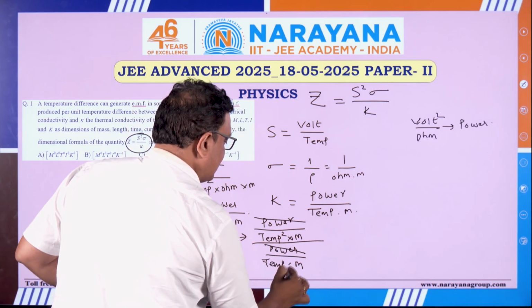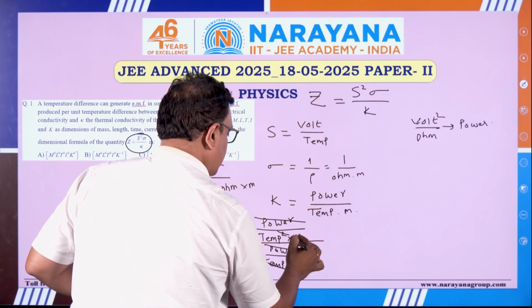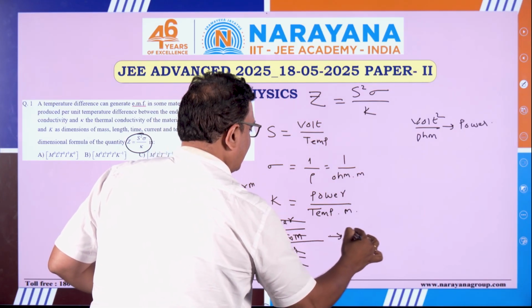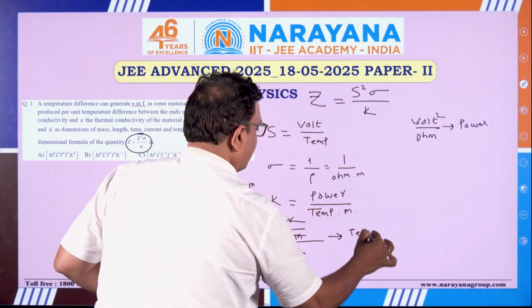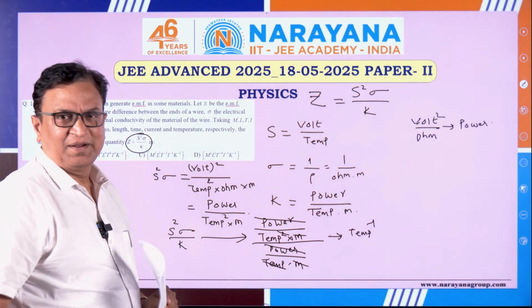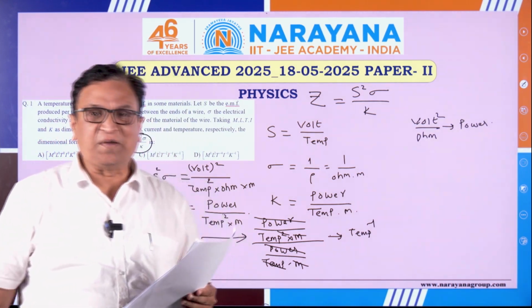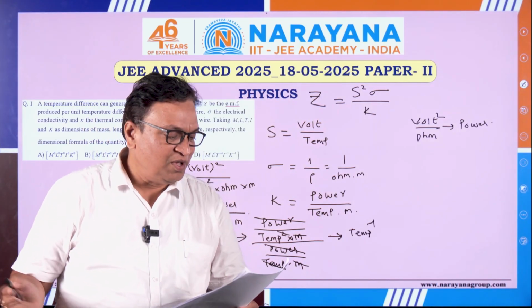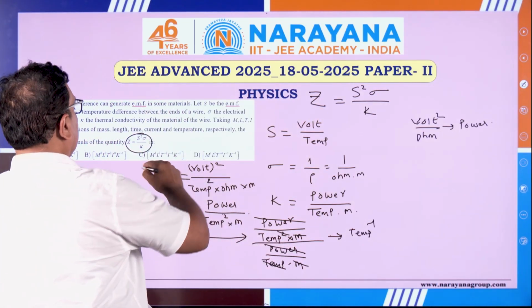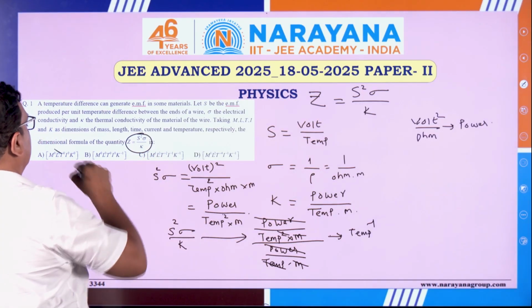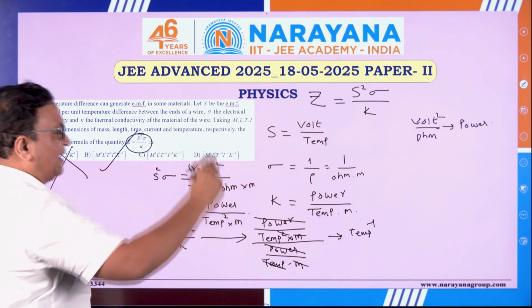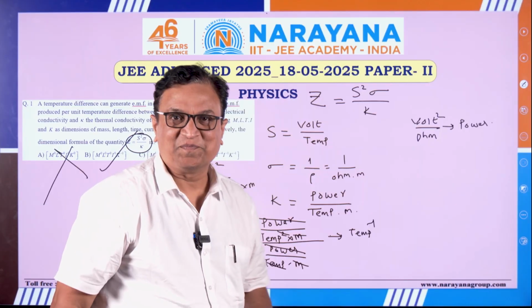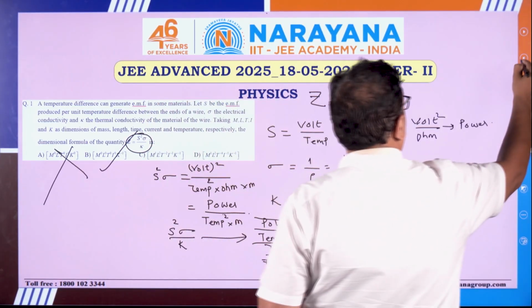Strike out the common terms, power and meter. Finally, this results in temperature inverse, that is K to the power minus 1 in dimension terminology. Rest all 0. That matches the option, so the question is done. We'll move on to the next question.